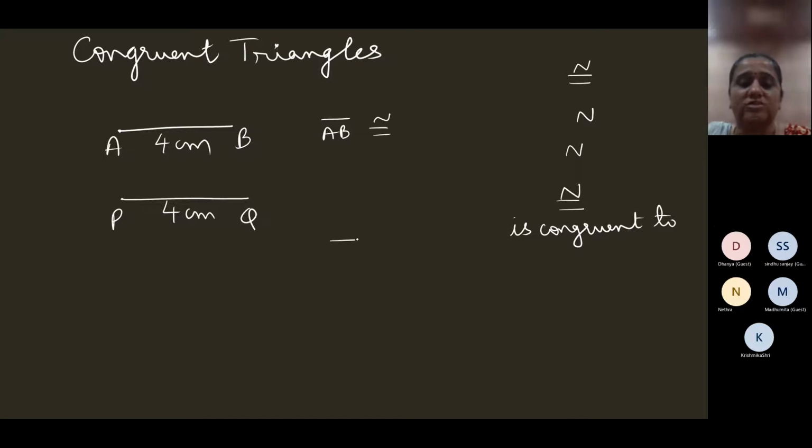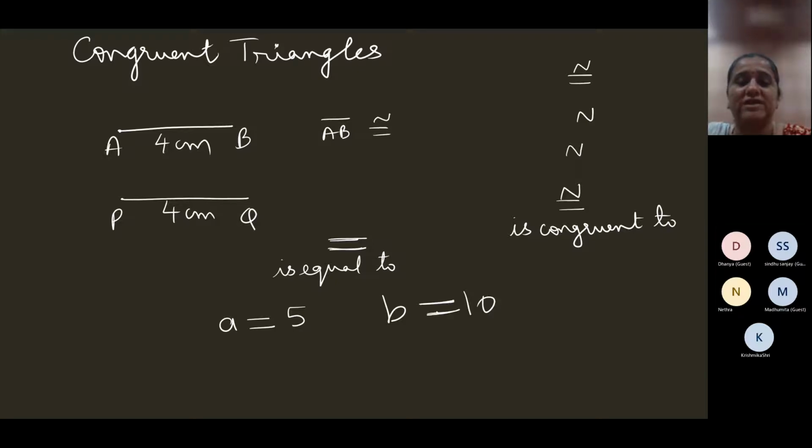Like you already know this. How do you read the symbol? Is equal to. When you use the symbol, it's read as is equal to. See here, A is equal to 5. B is equal to 10.